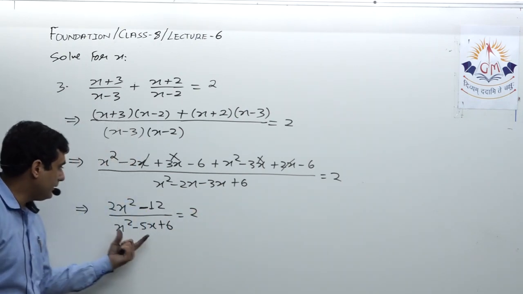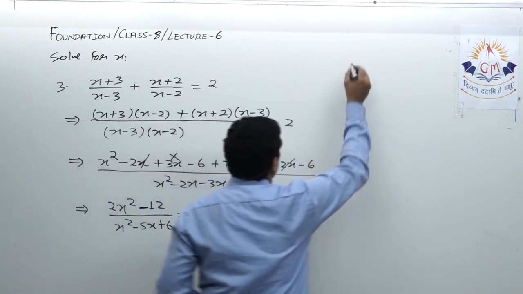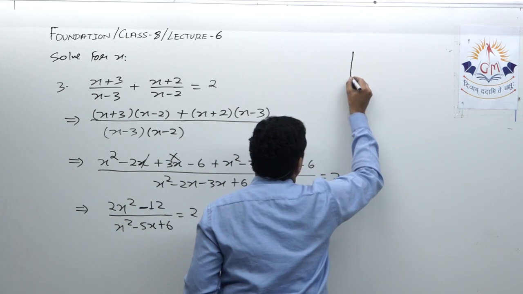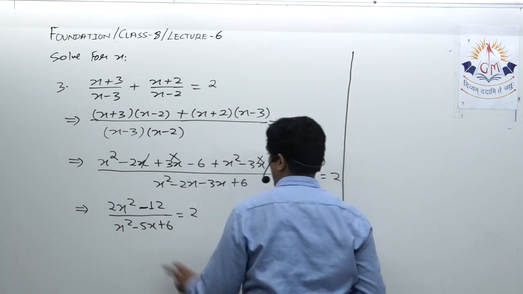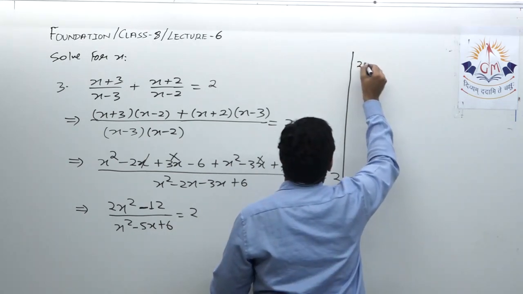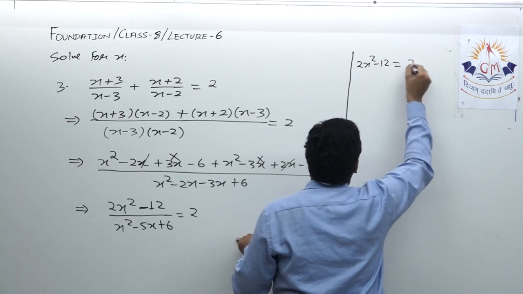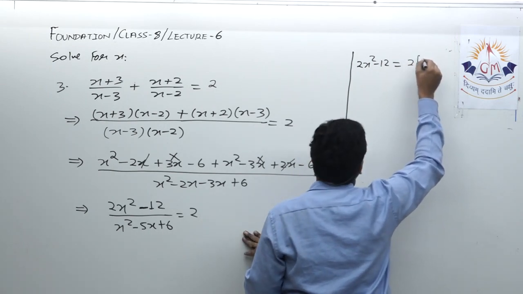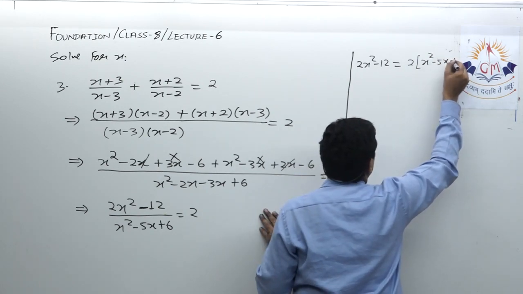Now I will take this term on that side for the cross multiplication purpose. So let us see. Okay, 2x square minus 12 is equal to 2 multiplied by x square minus 5x plus 6.